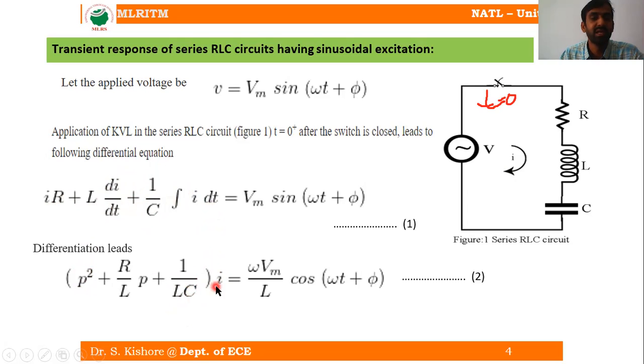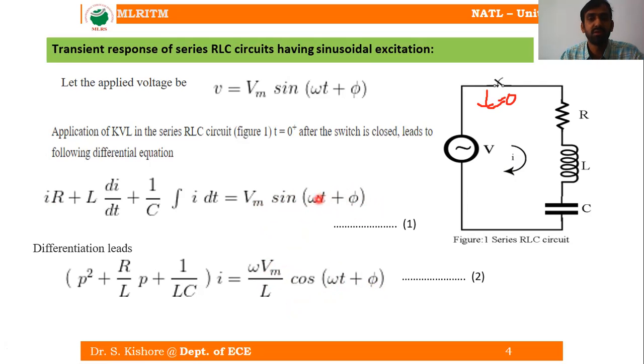1 by LC into I is equal to, so what is the differentiation of sine theta? The derivative of sine theta is cos theta. What is the constant here? Vm is our constant. So sin of omega t plus phi becomes cos of omega t plus phi. But what is the internal derivative?